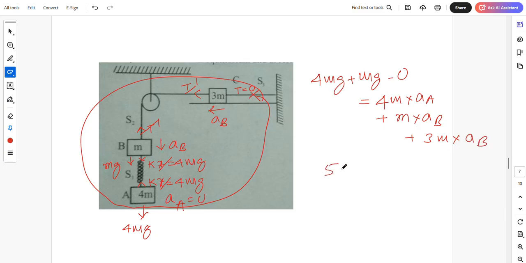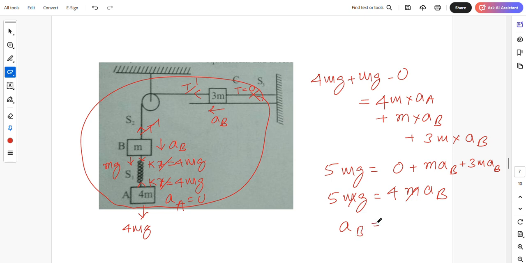That is equal to 5 mg, equal to 4m into 0, which is 0, plus m AB plus 3m AB. So 5 mg is equal to 4m AB. m gets cancelled. AB is equal to 5g by 4. This will be downwards.